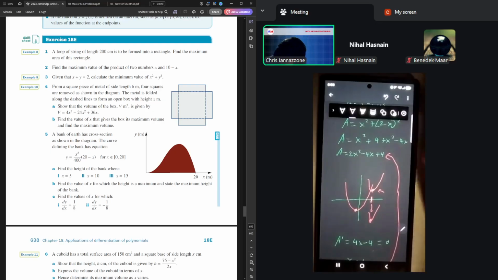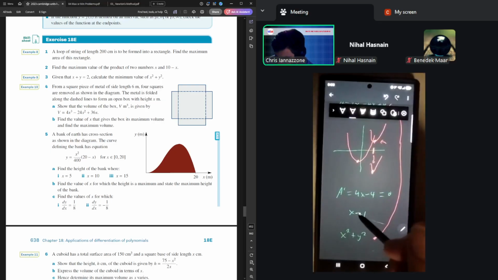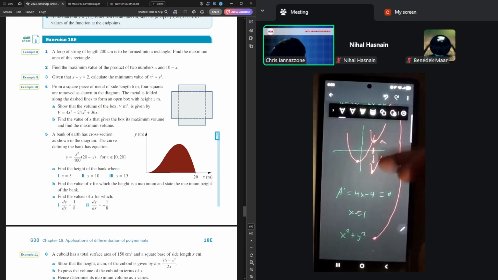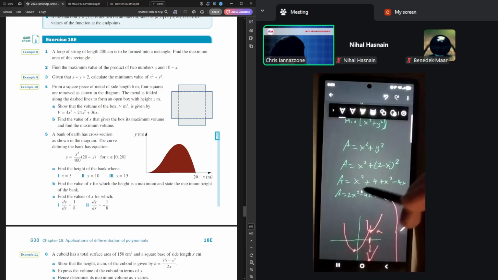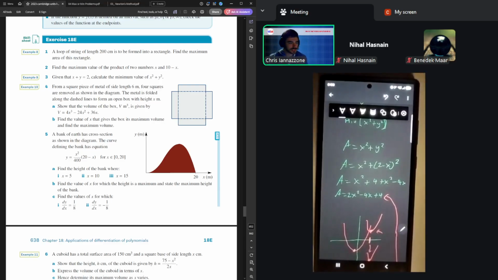And so if we have, via derivative equals 0, figured out the x value for which there is a minimum, all we're doing from there is plugging that back into our formula, x squared plus y squared, to get the actual minimum value of that expression.